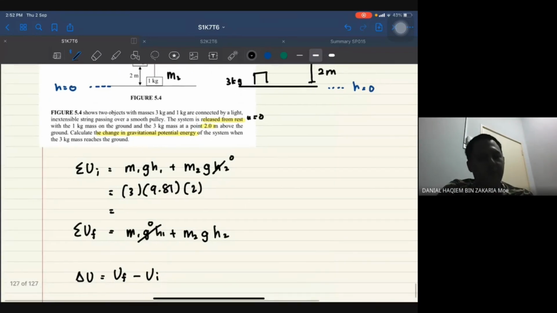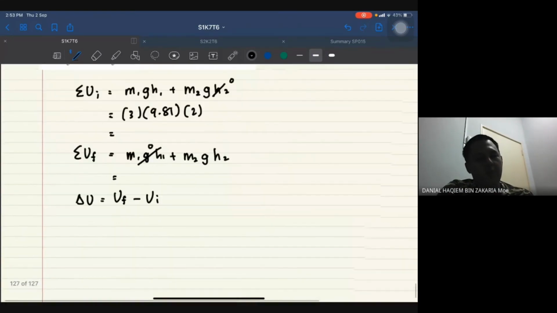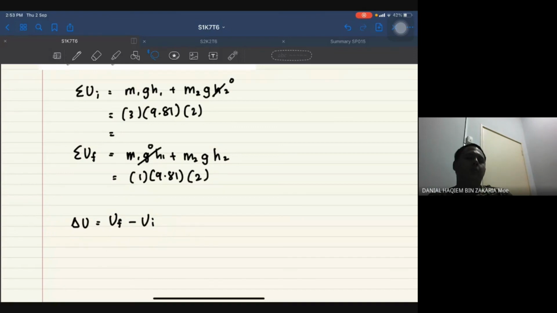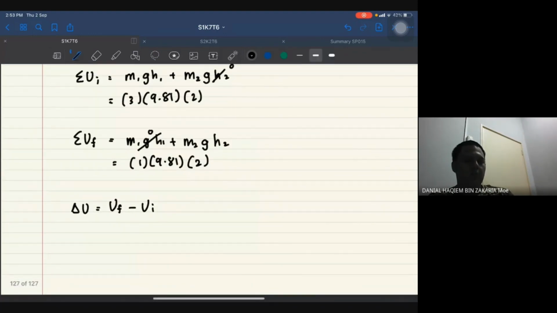So you just are left with the second one, which is 1, 9.81, and 2. Okay, obviously you can try to calculate separately, or you can calculate straight away together. So here I have 3 minus 1, which is 2.